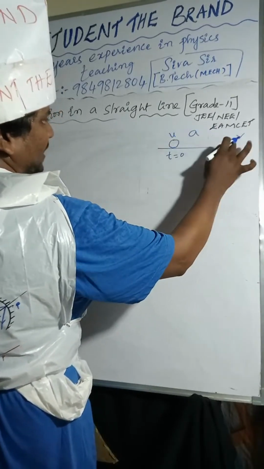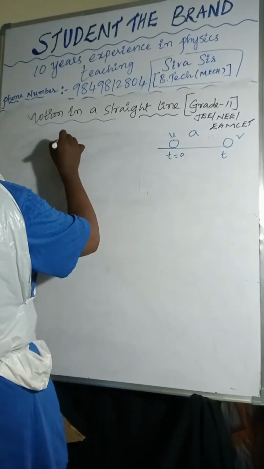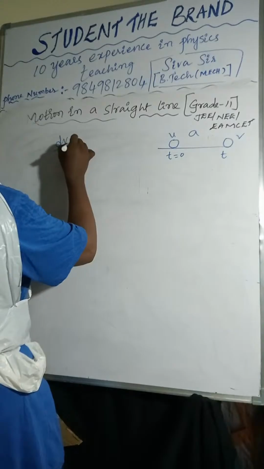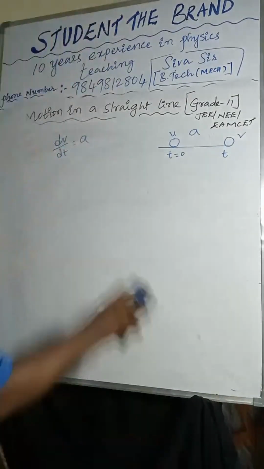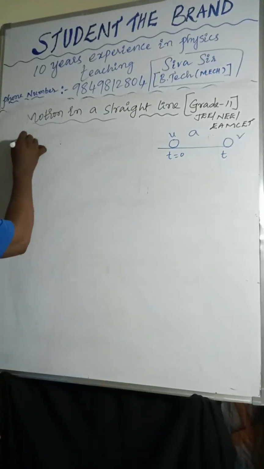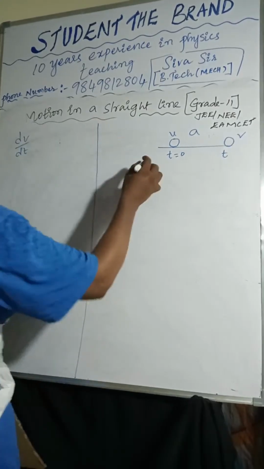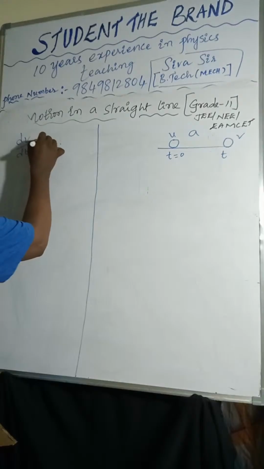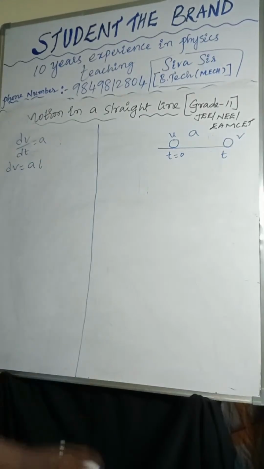If you take the derivative of velocity with respect to time, you get acceleration. Very important: dv by dt equal to acceleration, so dv equal to a into dt.